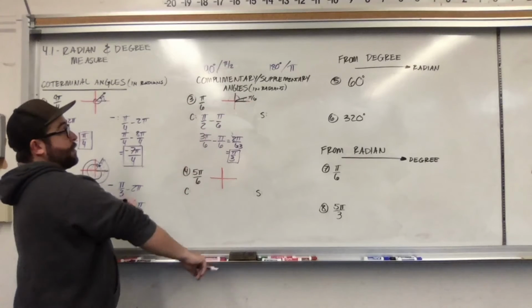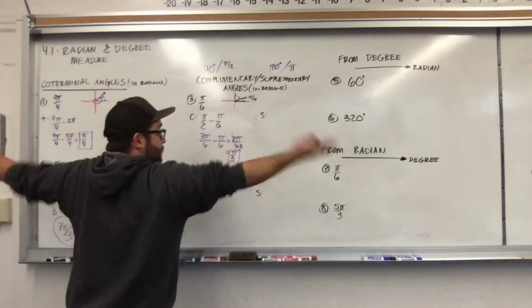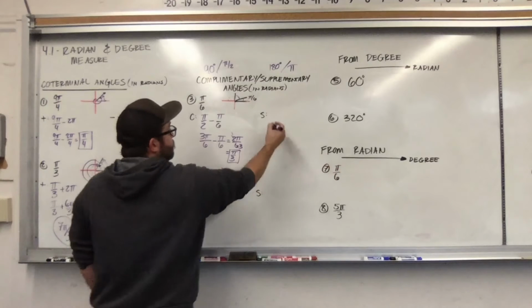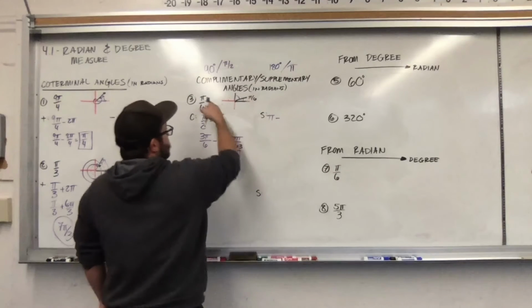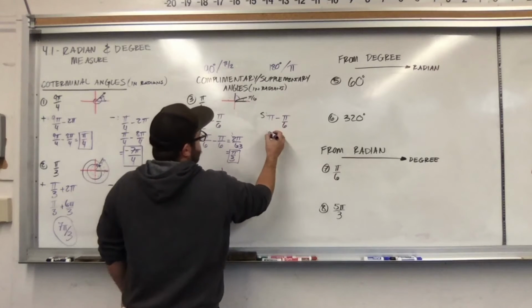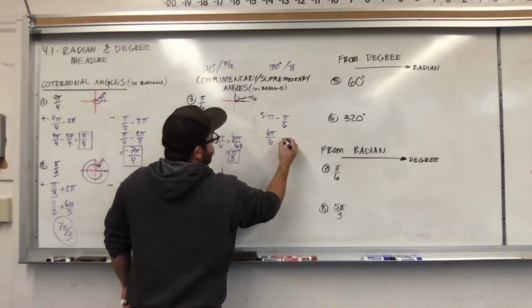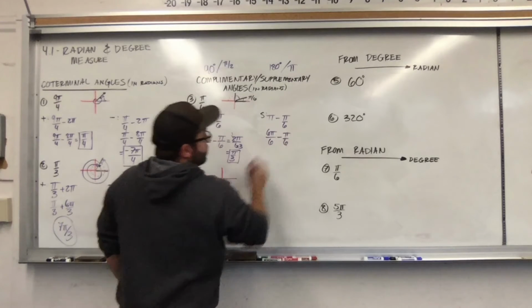Now, similarly for supplemental, we're not subtracting it from pi over 2. We're taking our top half circle, which is pi, and we're subtracting our little segment from there. Again, common denominator. So 6 pi over 6 minus pi over 6.